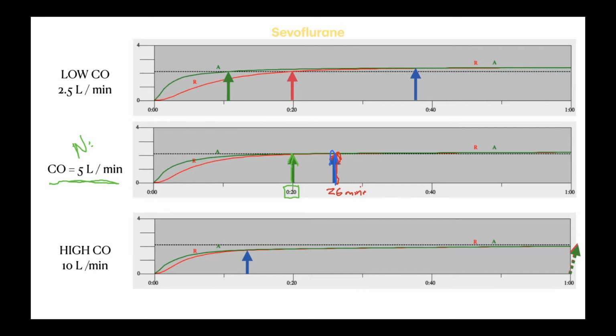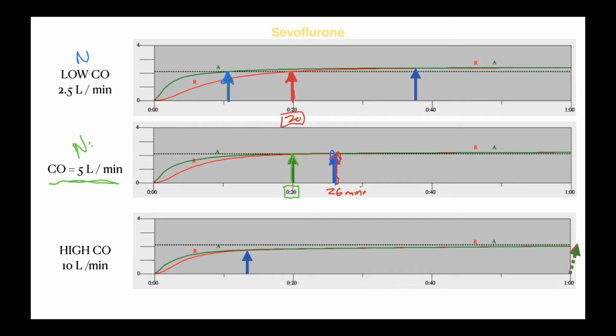So let's head off to low cardiac output. With low cardiac output, you can see that your alveolar partial pressure reaches that threshold a lot faster, and your vessel rich group partial pressure reaches it at about 20 minutes, which is also faster.